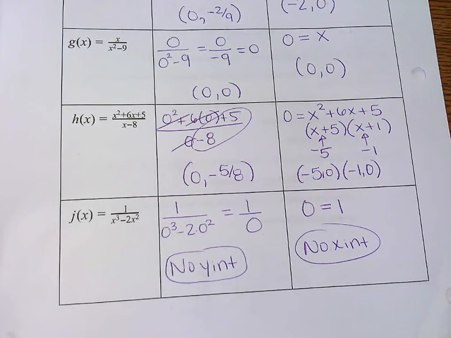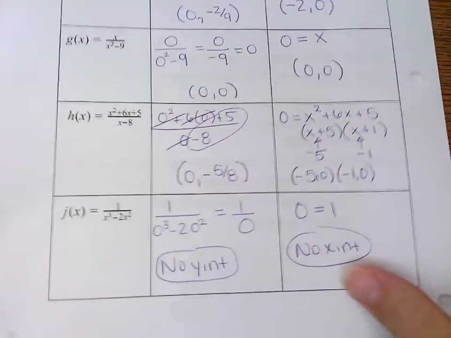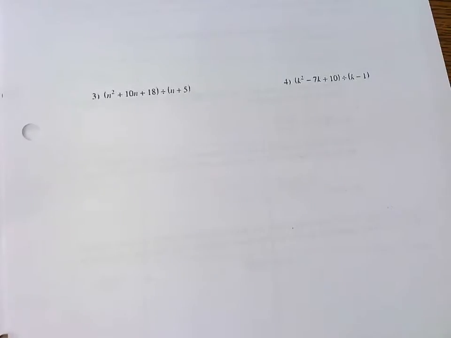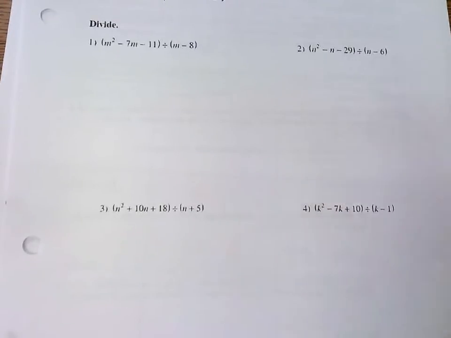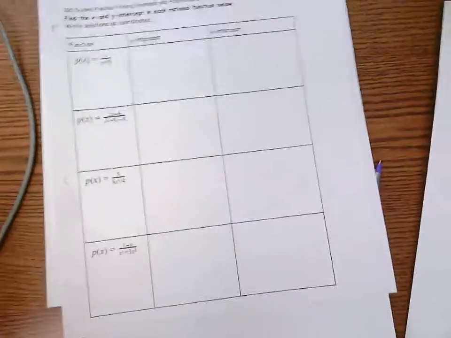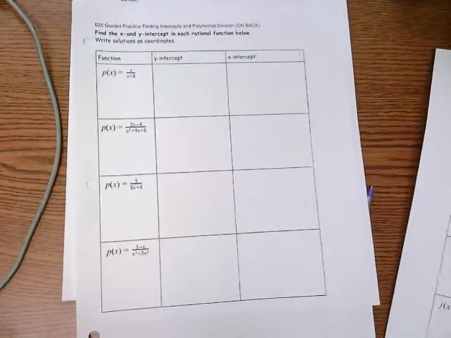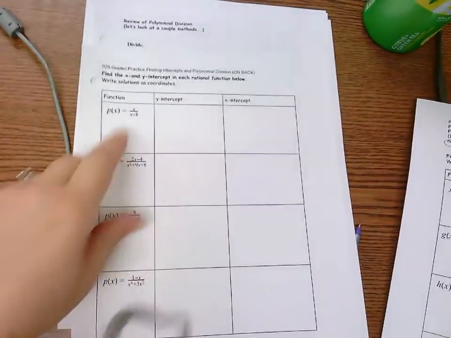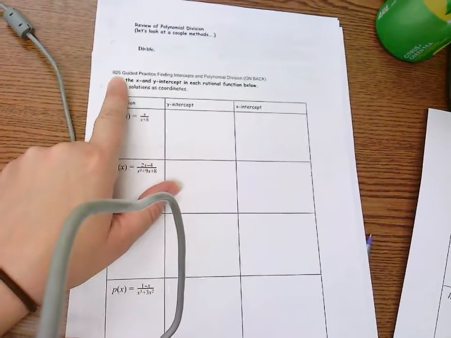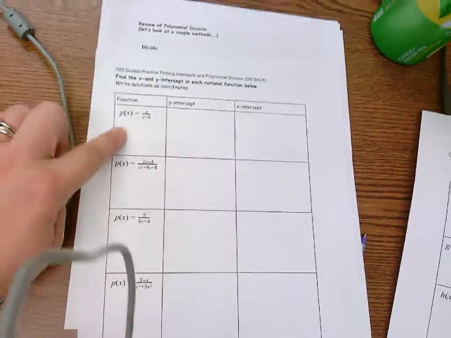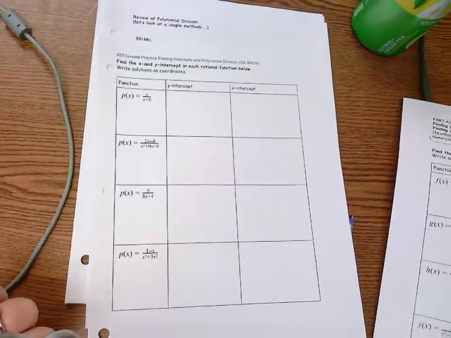So now you are going to continue on. There's a second video where I'm going to talk about division methods in a minute, but you can use your knowledge of x and y intercepts before you do the division part to maybe do this part of the guided practice, 0 to 5. You're going to have to skip ahead in your notebook to 0 to 5. These 4 questions are identical to what we just did.